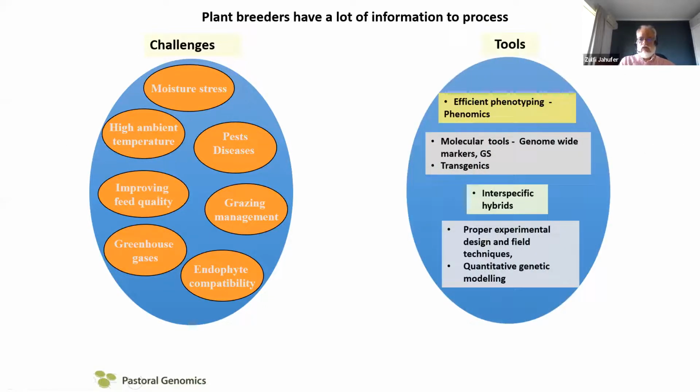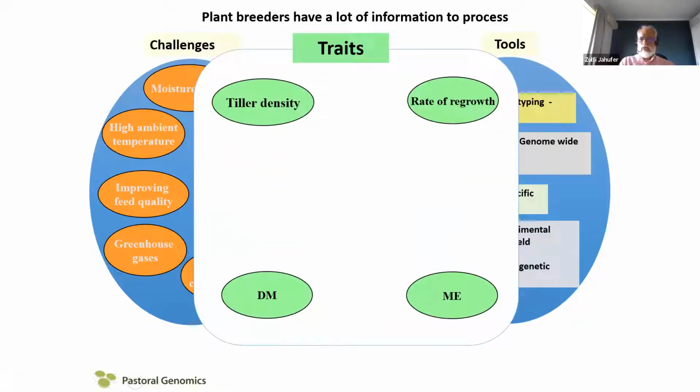Then we have, breeders have many tools now, right? Phenotyping tools using high throughput phenotyping, molecular tools based on genomic selection. You have transgenics, you have interspecific hybrid production. Then, of course, we have the toolbox of quantitative genetics, where we have experimental design, field techniques, quantitative genetic modeling, etc. So breeders have to be familiar with these tools, the challenges, and of course, they have to have information about the plants they work with.